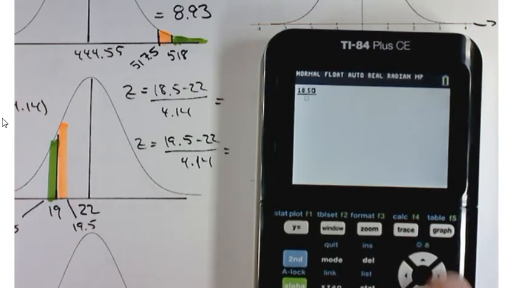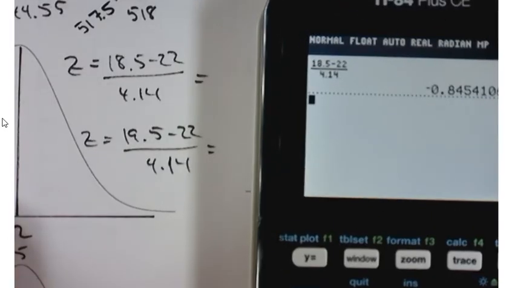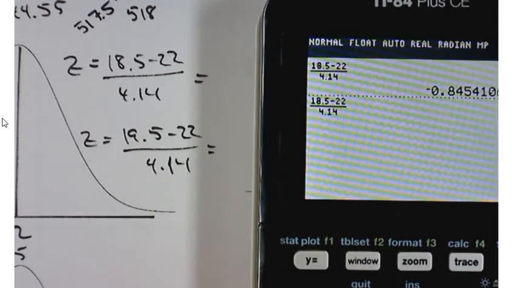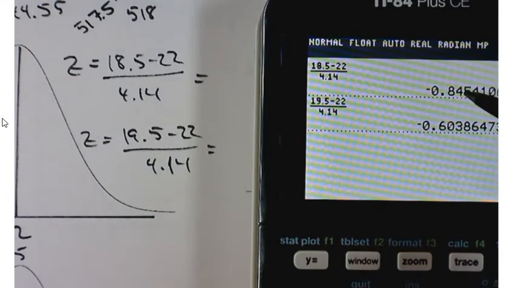As we do our calculation, you might notice that we have to do more or less the same thing twice. So if you hit the second key, then the enter key on your graphing calculators, it'll just bring up your previous calculation. All I need to do here is go change that to a 19.5. And I get my two values, negative 0.845 and negative 0.603. So this one's going to get rounded up to negative 0.85, and this one's going to stay at negative 0.60.